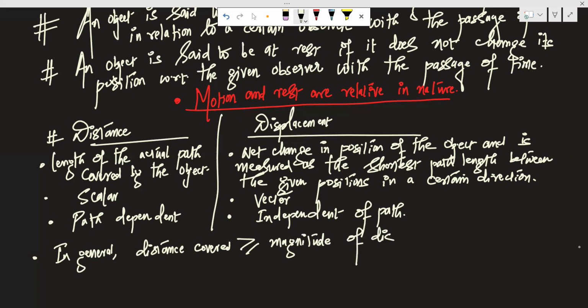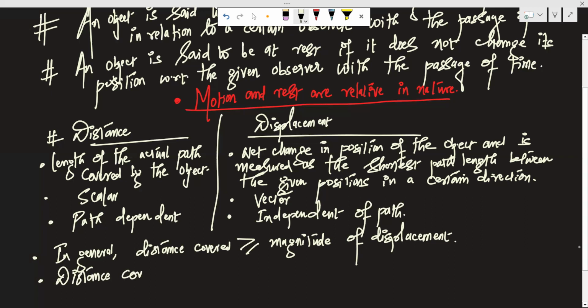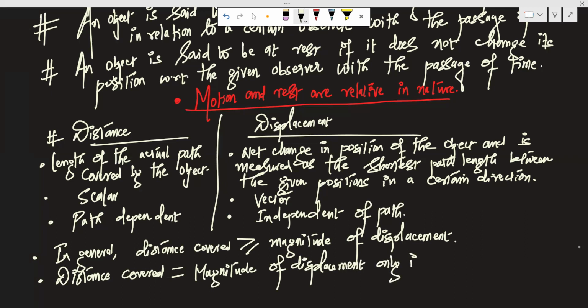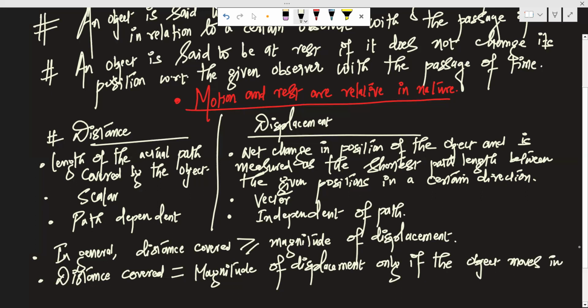Distance covered will be equal to the magnitude of displacement only if the object moves in a fixed direction.